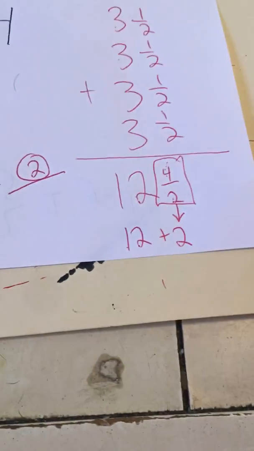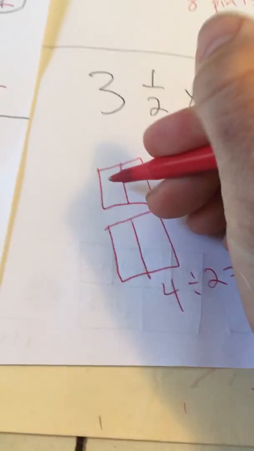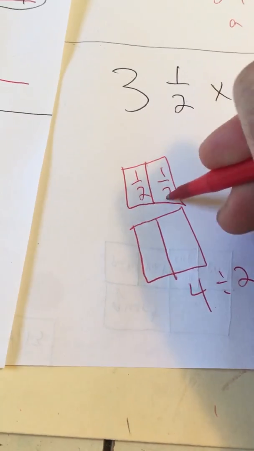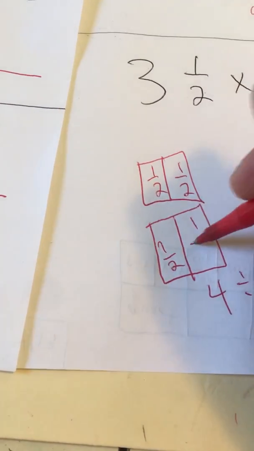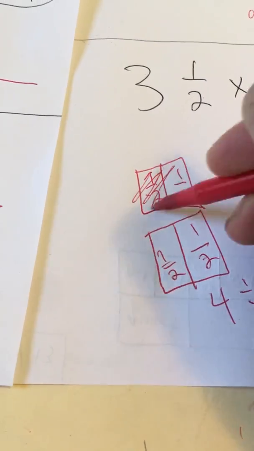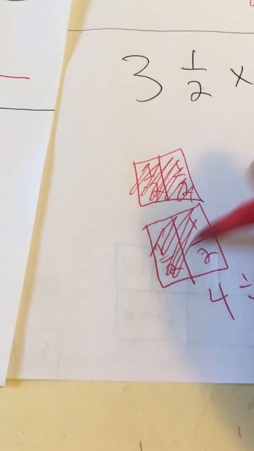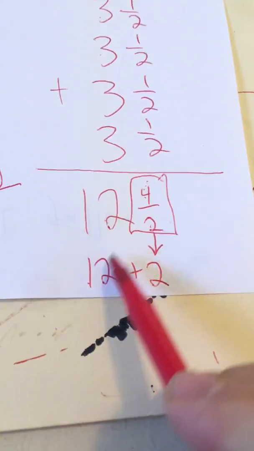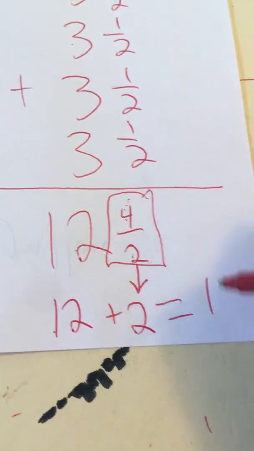If we had 4 halves, we really have 2 wholes, right? If this is 2 wholes, if we cut them each in half, there's 1 half, 2 halves, 3 halves, 4 halves. So 4 halves is actually 2 wholes. Okay, so 12 plus 2 is 14.